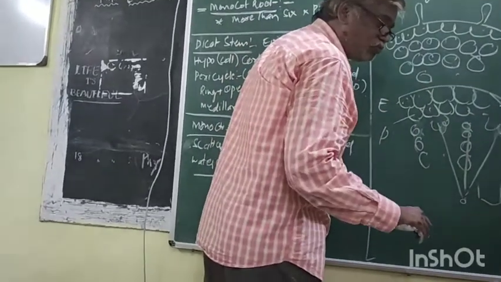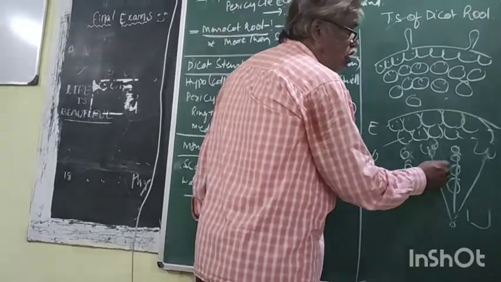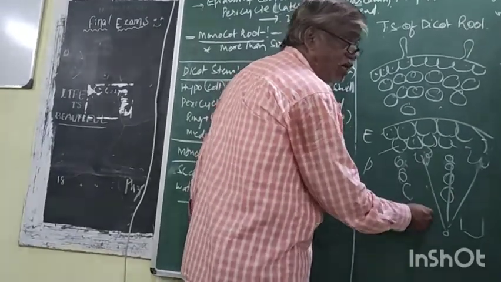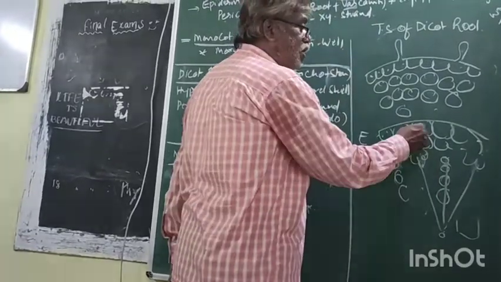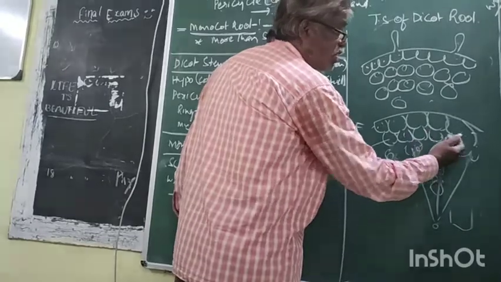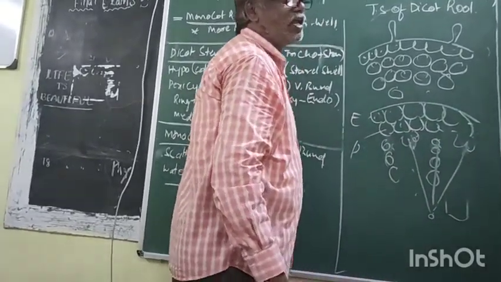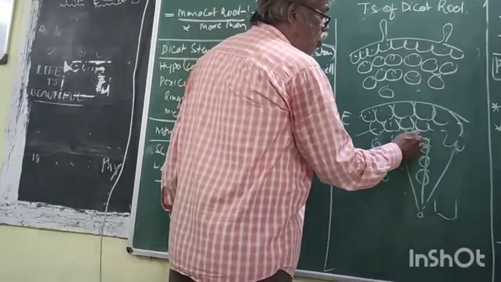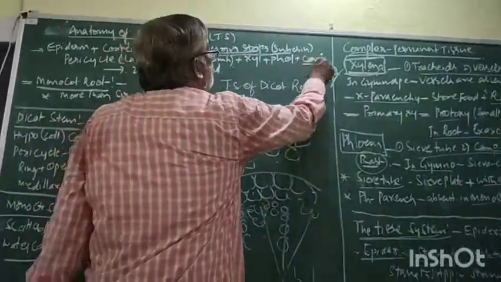In the stem, these are present on the same radius. If xylem and phloem are present on the same radius, like in stems, it is conjoint. But in roots, xylem and phloem are arranged alternately, hence it is called radial arrangement. Between xylem and phloem, some parenchymal cells are there, which are called conjunctive tissue.